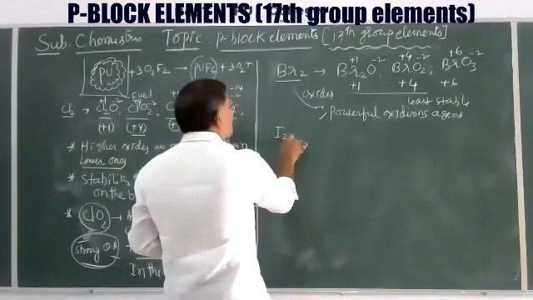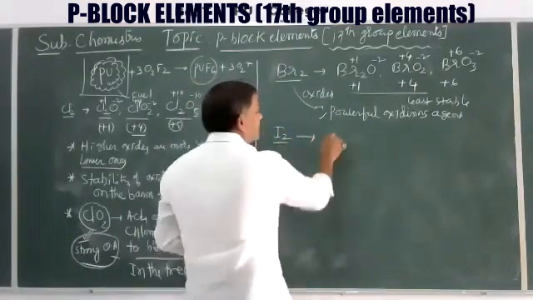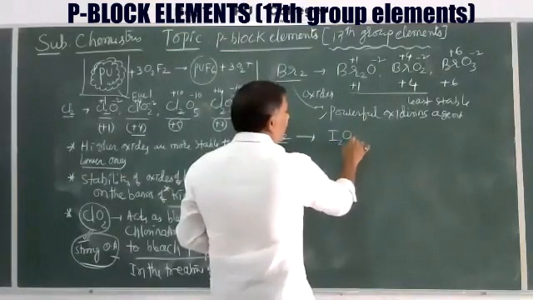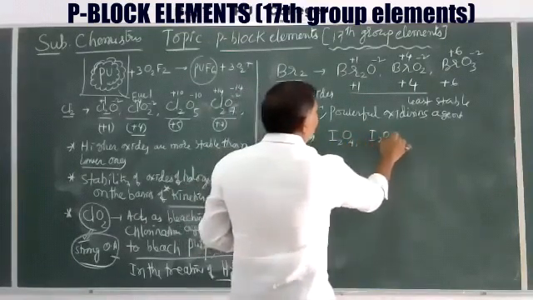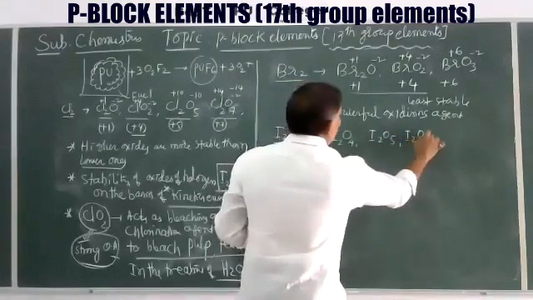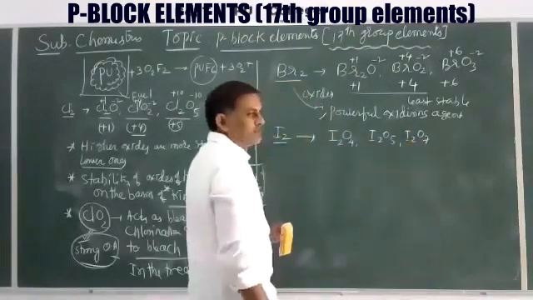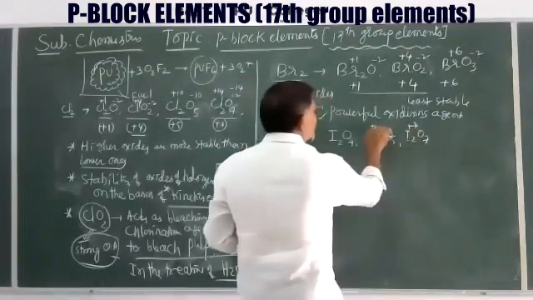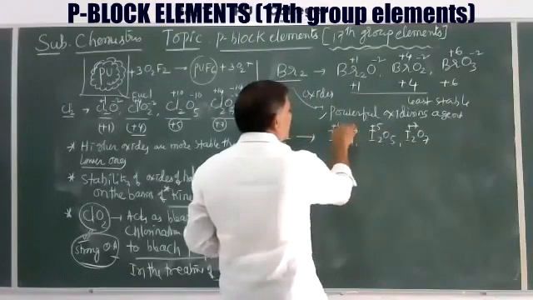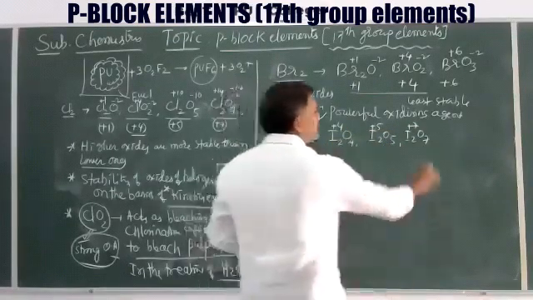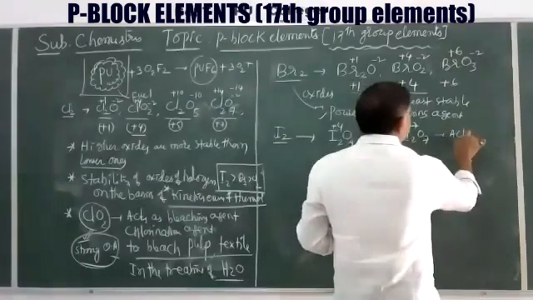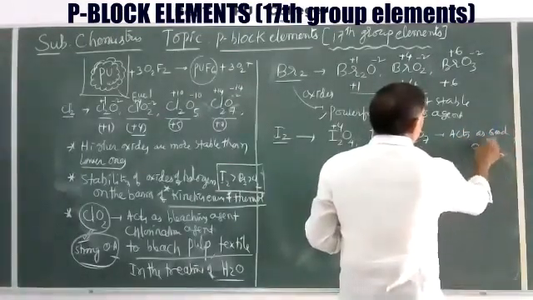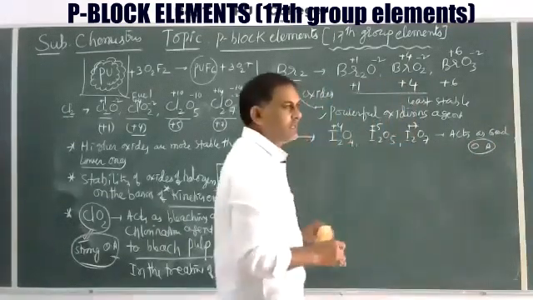The next one is I2, iodine, which forms some oxides like I2O4, I2O5 and I2O7. In these, iodine shows +7, +5 and +4 oxidation states. These also act as good oxidizing agents, very good oxidizing agents.